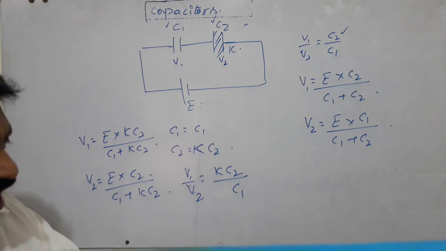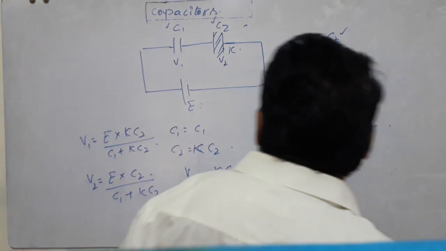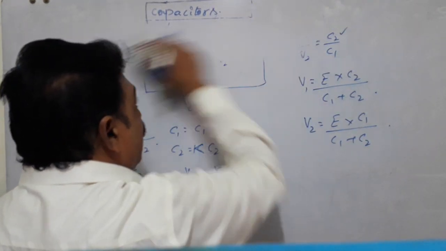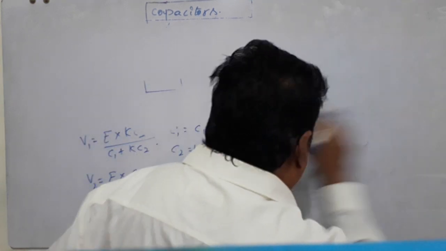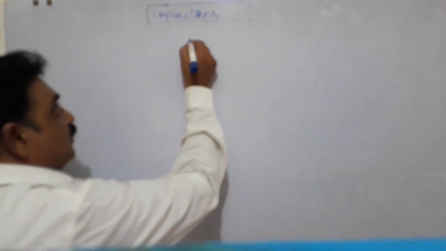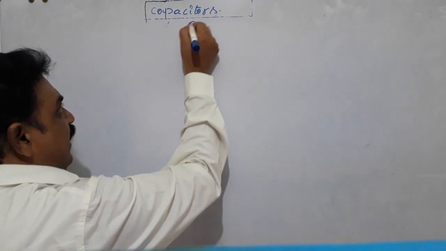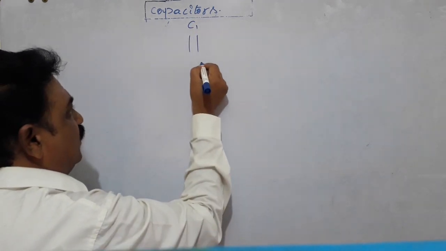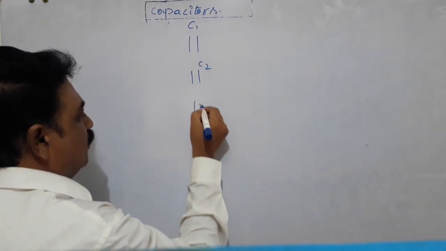Now, I am going to explain the parallel combination of these capacitors. See, I am taking the capacities C1, C2, C3 like that.